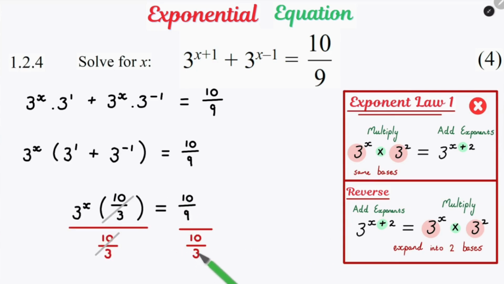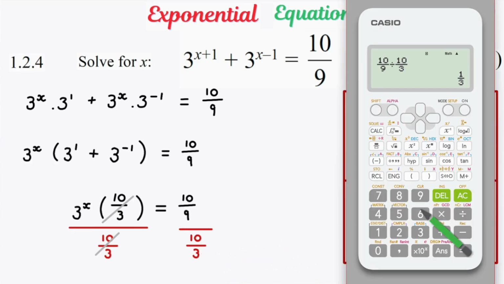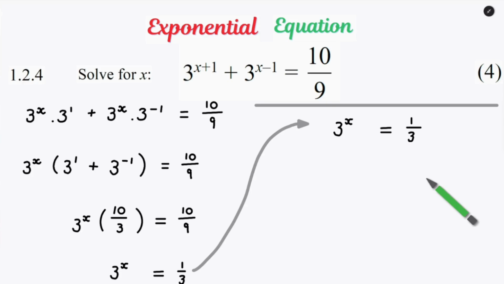And then this side we're going to let Uncle Calculator do a bit of heavy lifting there for us. And when you pop that in your calculator, just make sure you've got two separate fractions with the divide symbol in the middle, and you'll see that gives us 1 over 3. Okay, so if we have a look at this 3 over here, if it does not have an exponent, we assume it has an exponent of 1.